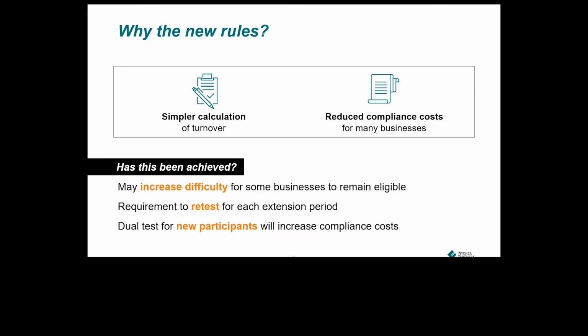So the ATO has effectively determined that for the purposes of its ongoing compliance of the JobKeeper scheme, and doing targeted reviews of entities that have enrolled in the JobKeeper scheme and which are receiving JobKeeper payments, it believes that the GST attribution method is the one that makes the most sense from a compliance perspective, because it can then start, as I said, with the figures that you have reported in your lodged business activity statements for the relevant quarter or the relevant months that make up that quarter, and work backwards from there.